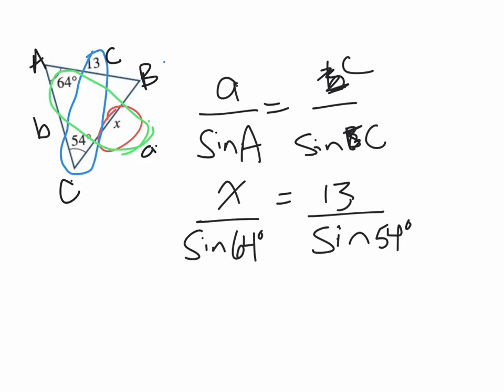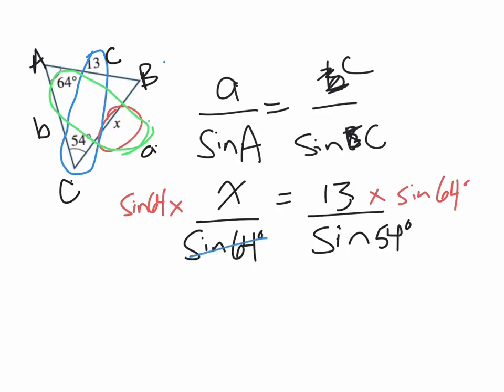I will now isolate for x. Because x is over top of the sine of 64 degrees, I need to get x by itself. How I'm going to do that is I'm going to multiply both sides by the sine of 64 degrees.